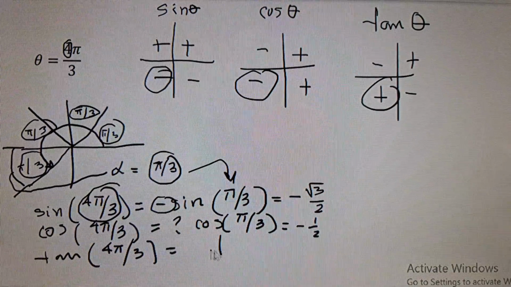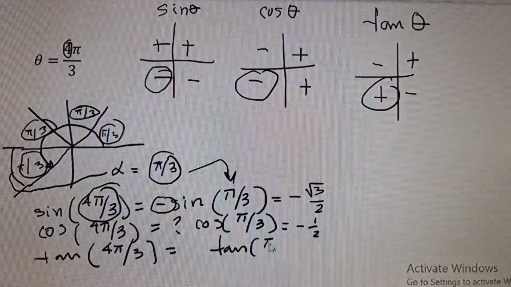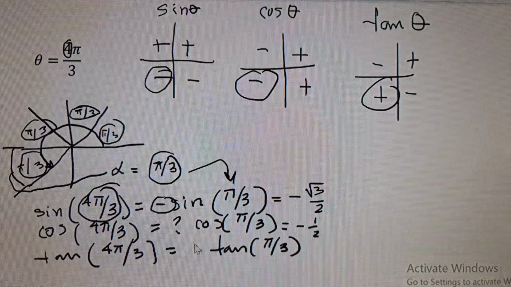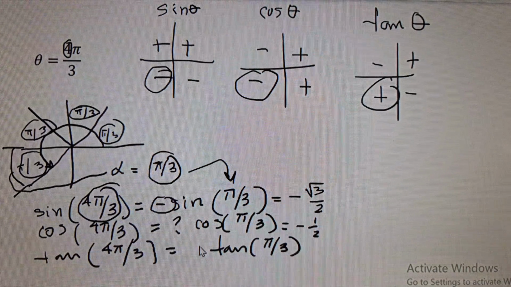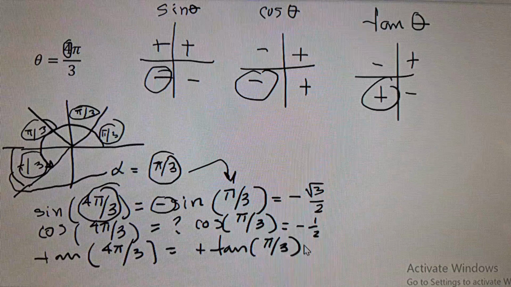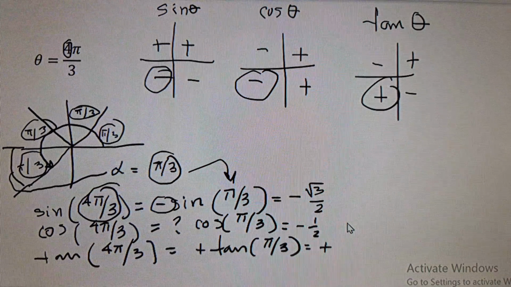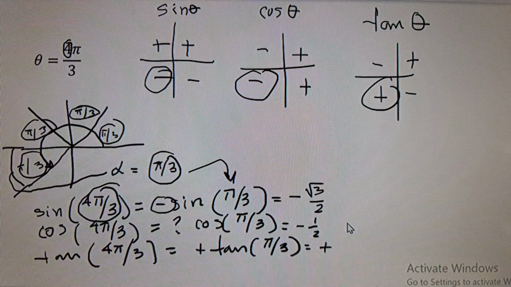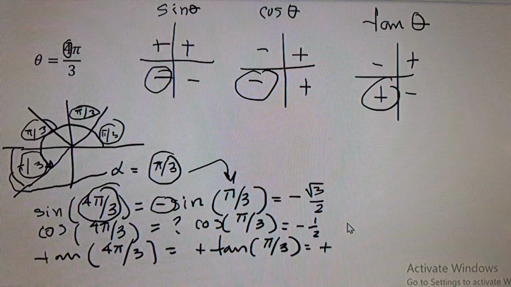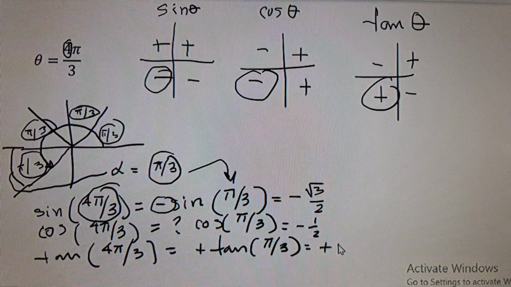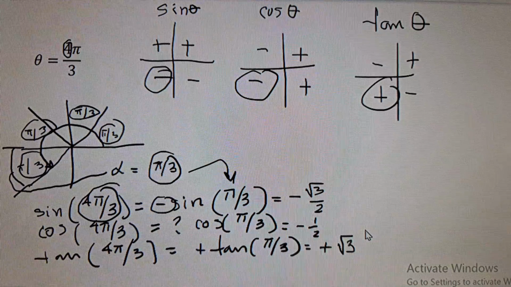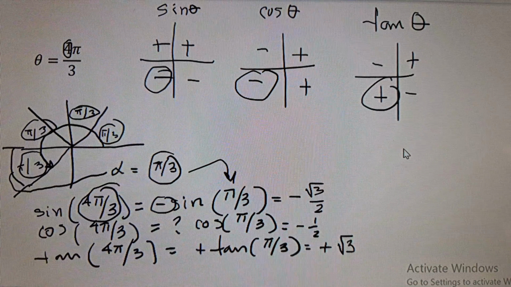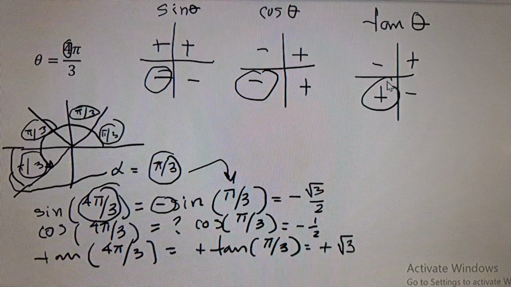So that's going to be equal to the tangent of pi over 3. Is it going to be positive or negative? It's going to be positive. So we know that the tangent of pi over 3 is going to be equal to square root of 3. Why? Because we are in the third quadrant.